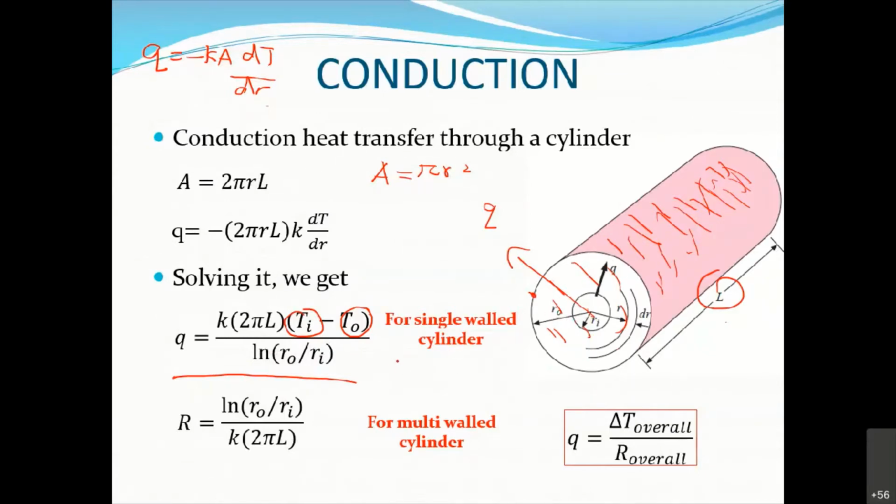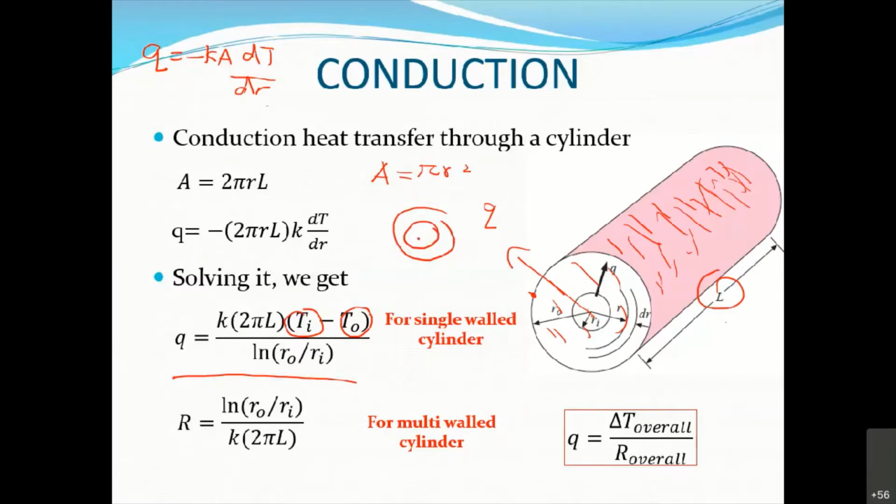Remember, when we say a tube, let's say this is your tube, you will always have an outer and inner diameter. So you will always have outer and inner radius. A tube will always have two circles, one inner circle and one outer circle.